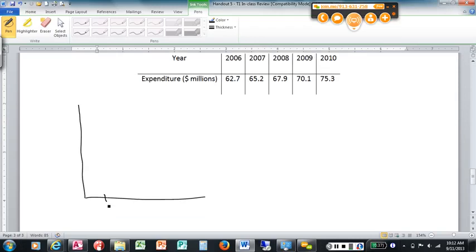I'm going to use 6 for 2006, 7, 8, 9, and 10 for the year. And then over here, my expenditures in millions of dollars is 62 to 75.